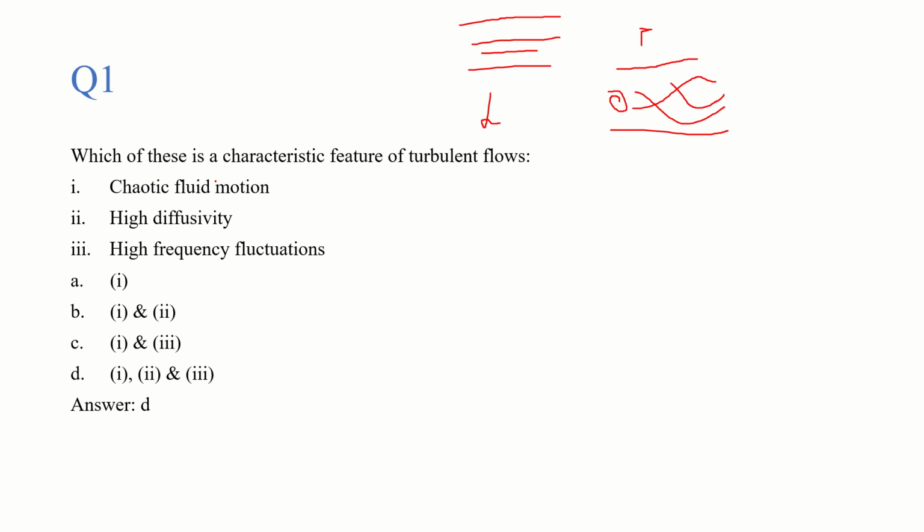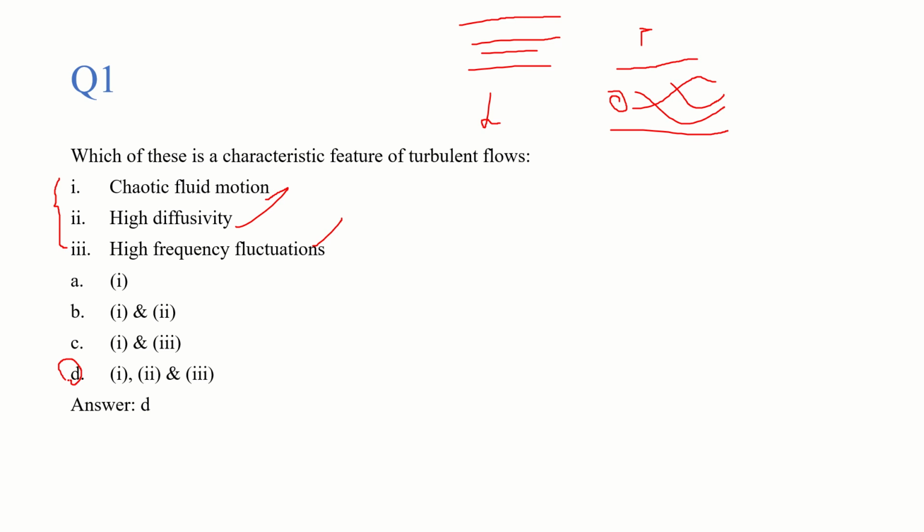We can see that chaotic fluid motion is there, high diffusivity is also there, like it gets mixed randomly, and high frequency fluctuations are also there. So obviously the answer to this is 1, 2 and 3. So the answer is option D.